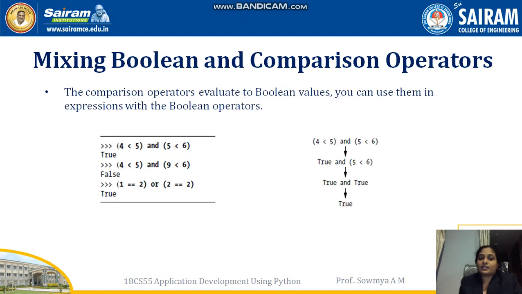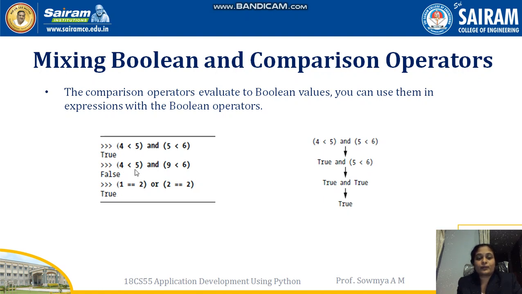Next one is mixing boolean and comparison operators. See here, 4 less than 5 also returns a boolean value, 5 less than 6 also returns a boolean value, and we are using the boolean operator with the comparison operator. 4 is less than 5, True, 5 is less than 6, True, True and True is True.